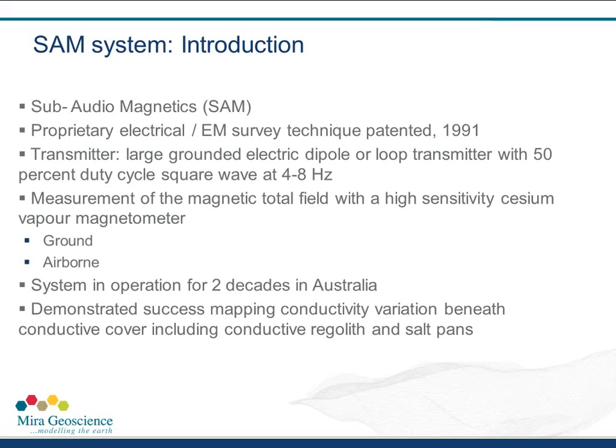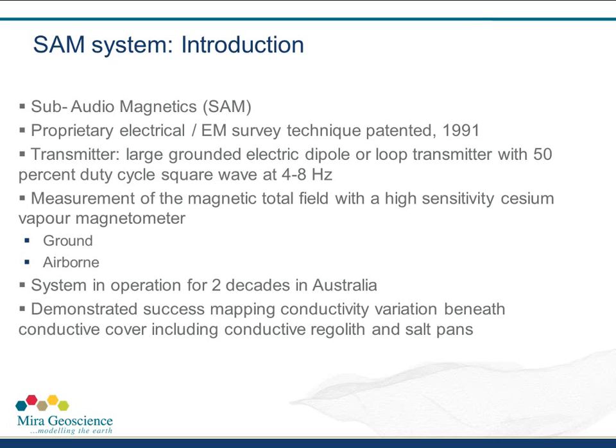The receiver is a total field magnetometer, so we measure the total field response as a magnetic measurement, with a high sensitivity cesium vapor magnetometer, and the trick with this technology is that it's measured very rapidly with that high sensitivity. The receiver can be operated in either ground or airborne mode.